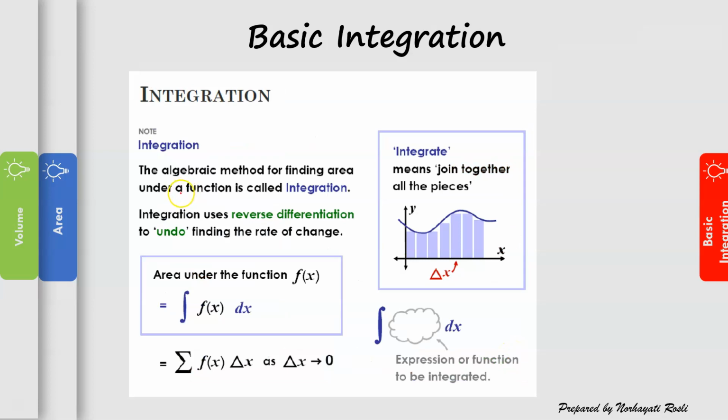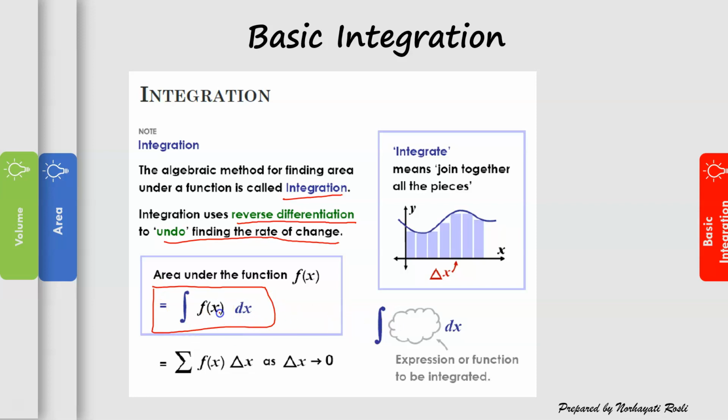So based on the previous concept, the algebraic method for finding the area under a function, we call integration. Integration uses reverse differentiation, meaning to undo finding the rate of change. So the area under the function f(x) is given by this sum of f(x) delta x, as delta x tends to 0, and can be denoted by the integral of f(x) dx.